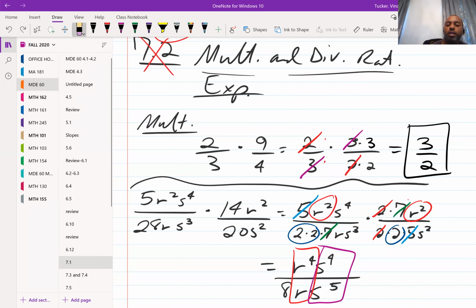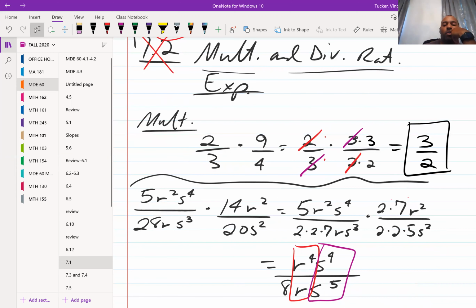So let me erase some of this stuff. All right. So we have our original problem, which is 5r squared s to the fourth over 28r s cubed times 14r squared over 20 s squared.